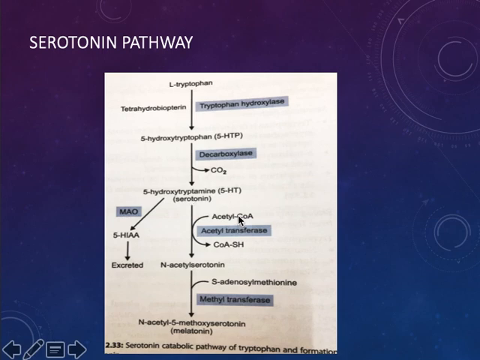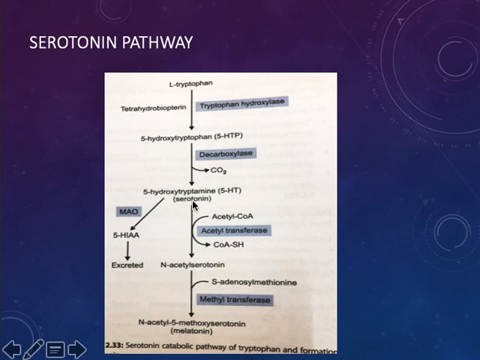Now an acetyl group gets attached to the serotonin by acetyl transferase enzyme, and it forms N-acetyl serotonin. To this N-acetyl serotonin, a methyl group is attached by methyl transferase enzyme, which is donated by S-adenosyl methionine or SAM, to form N-acetyl-5-methoxy-serotonin, which is nothing but melatonin.